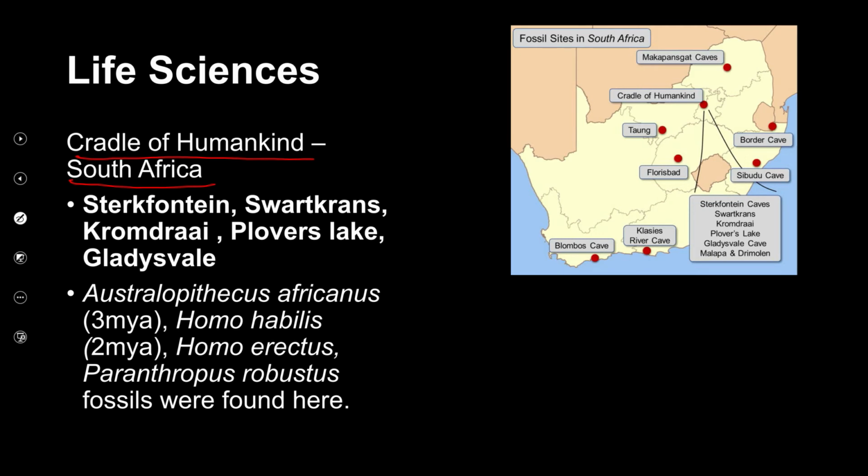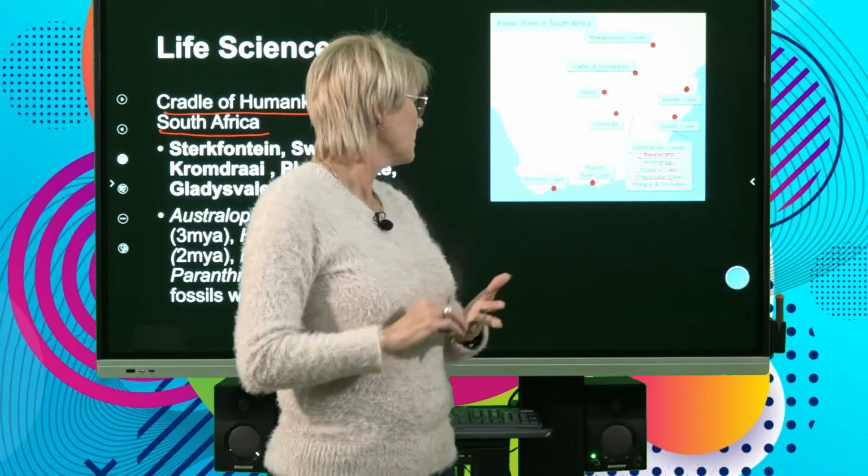If you have a look at the diagram, you can see that part of the Cradle of Humankind is Sterkfontein Caves, Swartkrans, Kromdraai, Plovers Lake, Gladysvale Cave, and then Malapa and Drimolen. What's important is you'll notice that most of those are either caves or they talk about Plovers Lake.